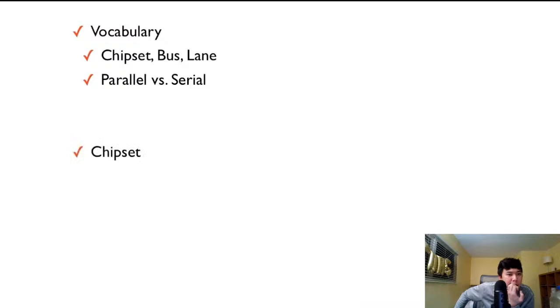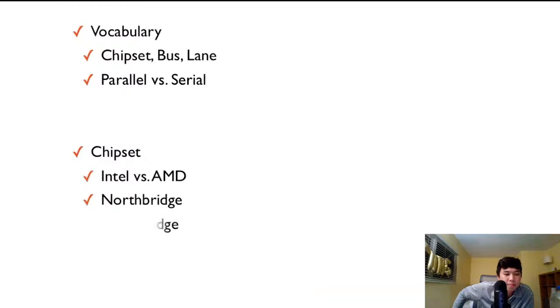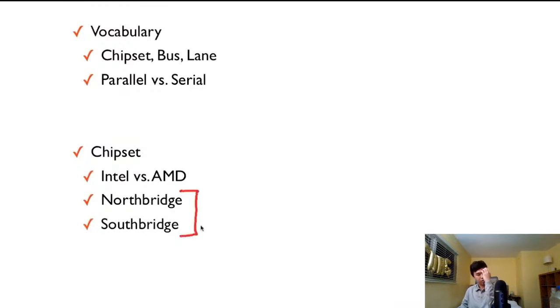Once we do that, we're going to talk about chipsets in particular. Specifically, there are 2 manufacturers who make chipsets. There are 2 main chips that have been developed in these chipsets, the North Bridge and the South Bridge. We'll talk about the difference between those, and I'm going to point out now that these are really important, and they will come up on the A+ exam, so you definitely want to pay attention, okay?